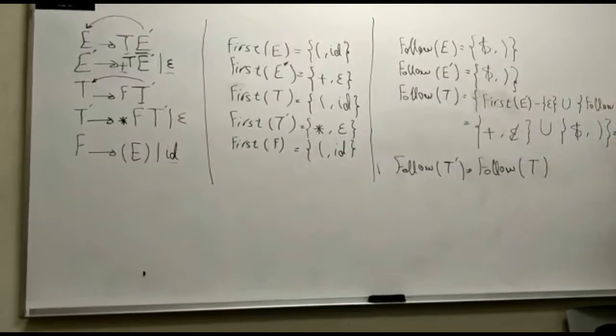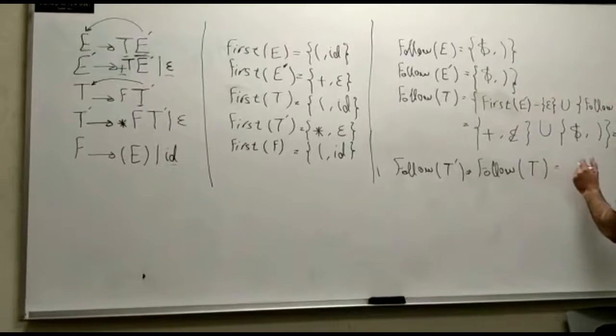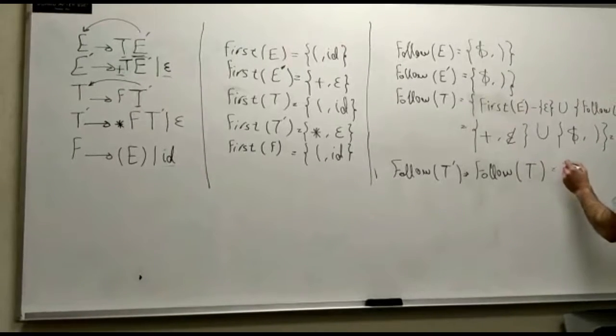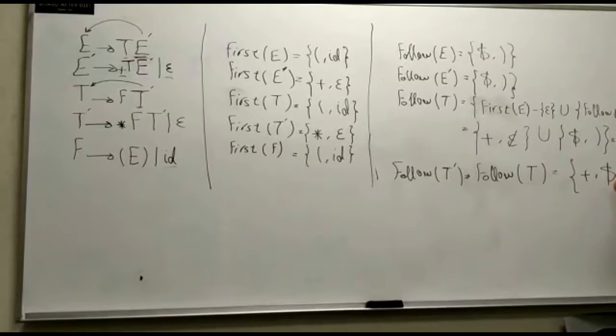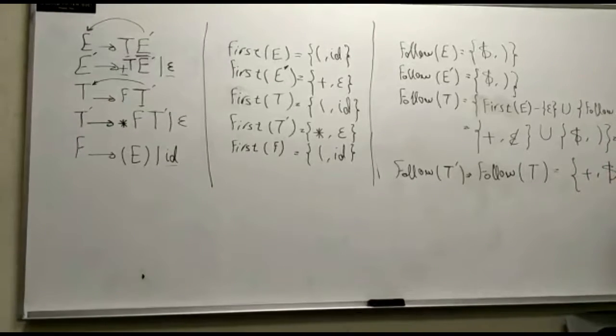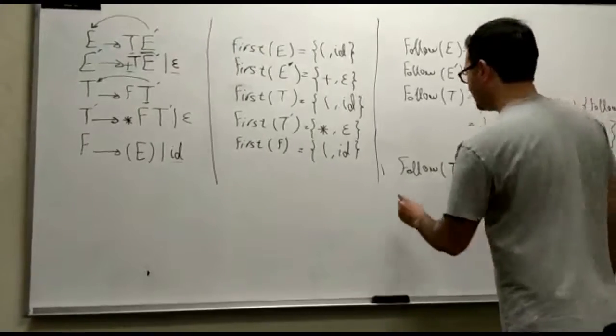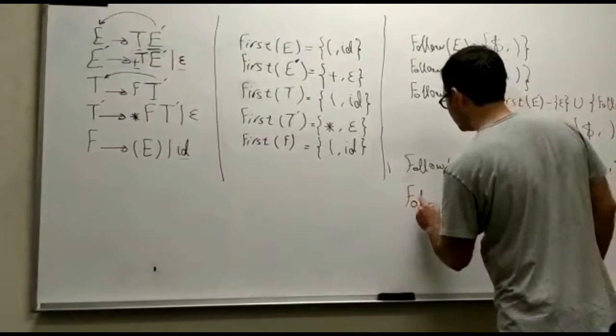So follow of T prime, as you have it right here, is equal to plus, dollar sign and right parenthesis.